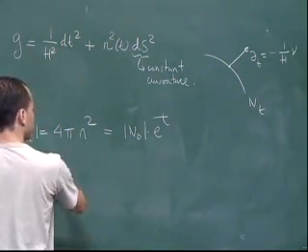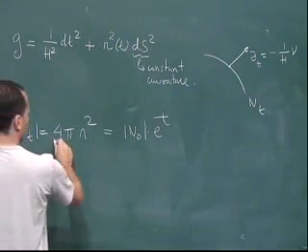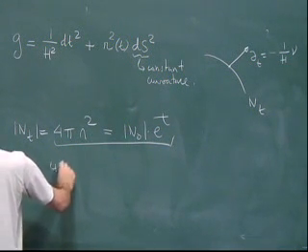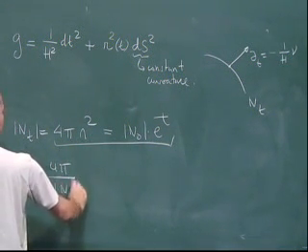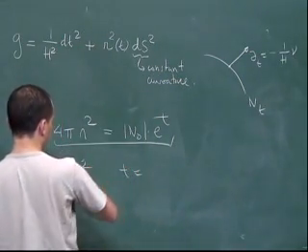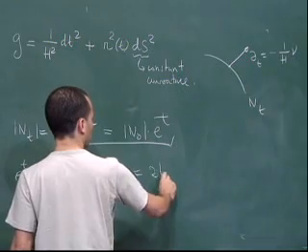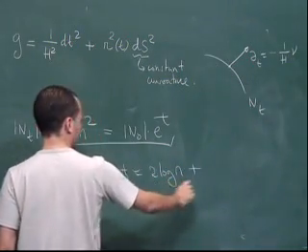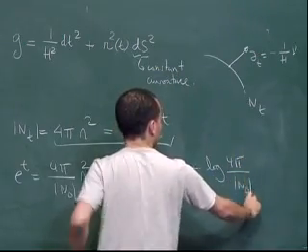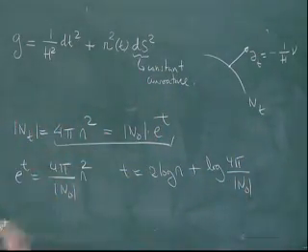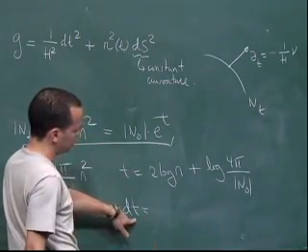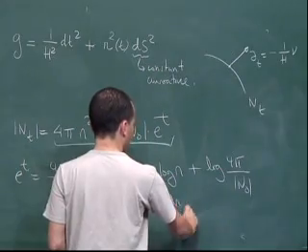So from this equality, you get that exponential of t is equal to 4 pi divided by this times r squared. Then t is equal to, you take the log, twice log of r plus the log of this constant. So this is a calculation of a physicist. Sorry about that. You differentiate this, you get that dt is going to be twice dr over r.